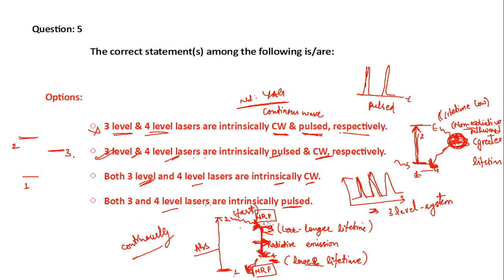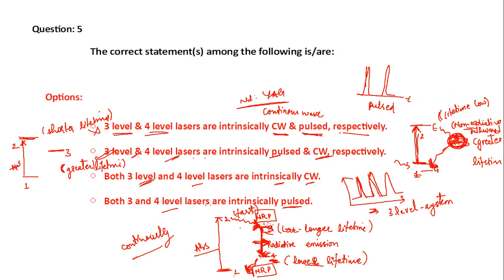Now, earlier what we thought is this has a greater lifetime and this has a shorter lifetime. What if I exchange these two, or I say that the lifetime of second is greater and the third is shorter? If the lifetime of second would be greater and third would be shorter, we say that the process of absorption is not stopping. It is continuous.